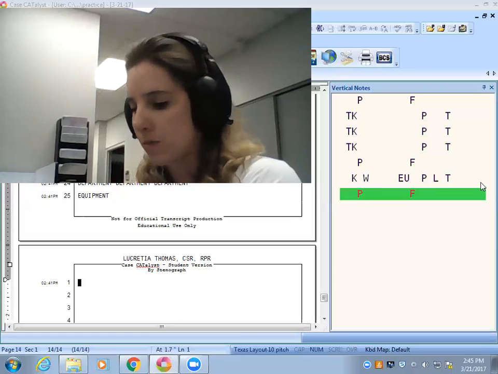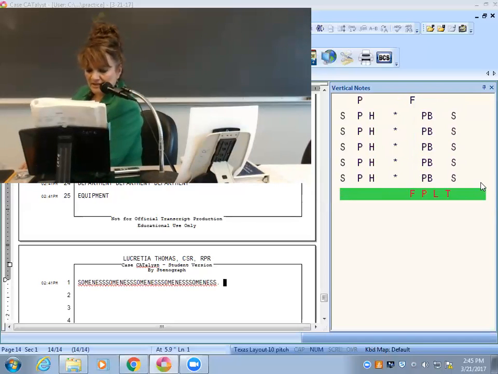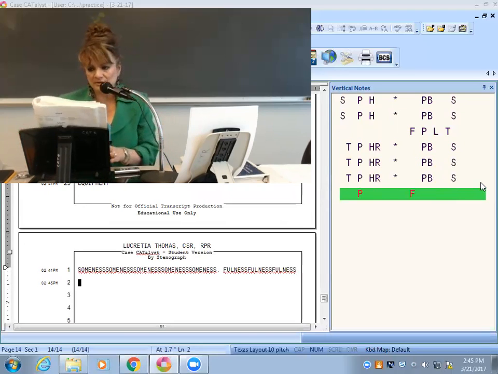Perfect, good. So remember, the sumness is SMNS for that sumness to come out. And then the other one was fullness, like forgetfulness, FLNS asterisk, okay? Just initial FL. That might be a little confusing.